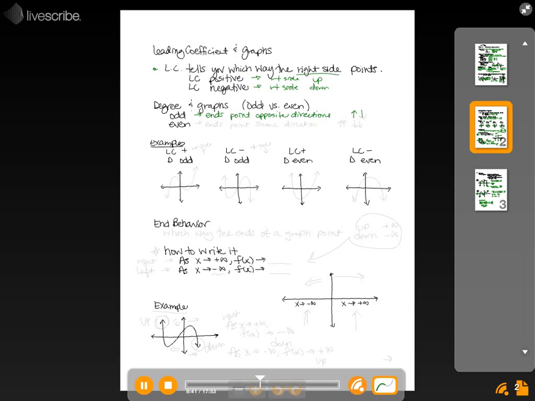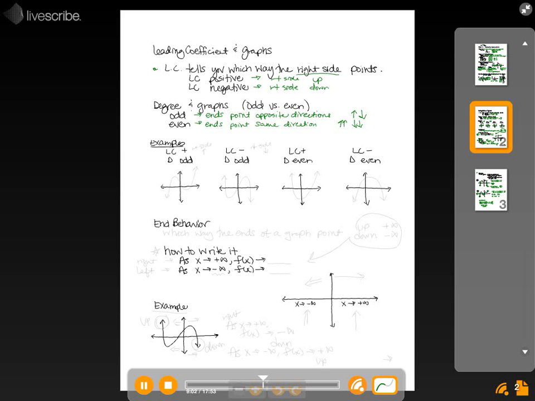Okay, one up, one down. If it's even, the ends point the same direction. Okay, and by ends we mean the end of the graph. So both of them will point up or both of them will point down.